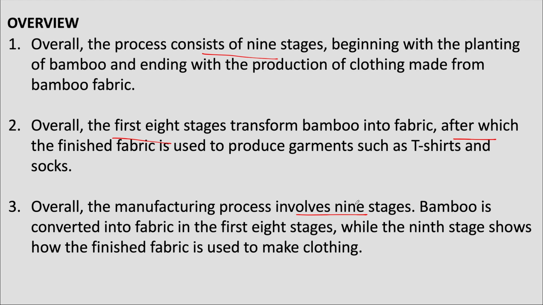We have also used different ways of describing the process, such as transform and is converted into. Similarly, we have used different words for the final product, such as clothing, garments, and fabric.